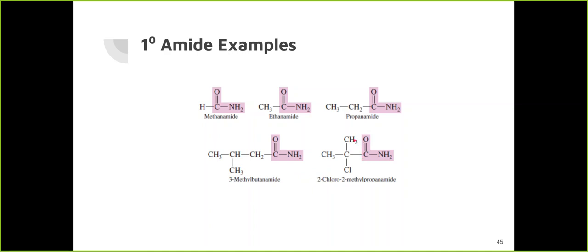Then here we have an example where there's a chlorine and a methyl group. This has three carbons in the main chain, so that's propanamide, and then you've got 2-chloro-2-methylpropanamide. Any questions there?